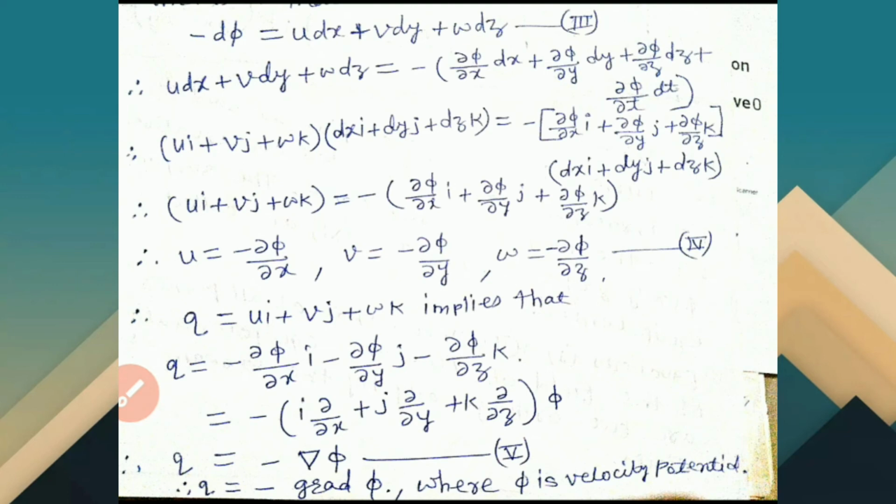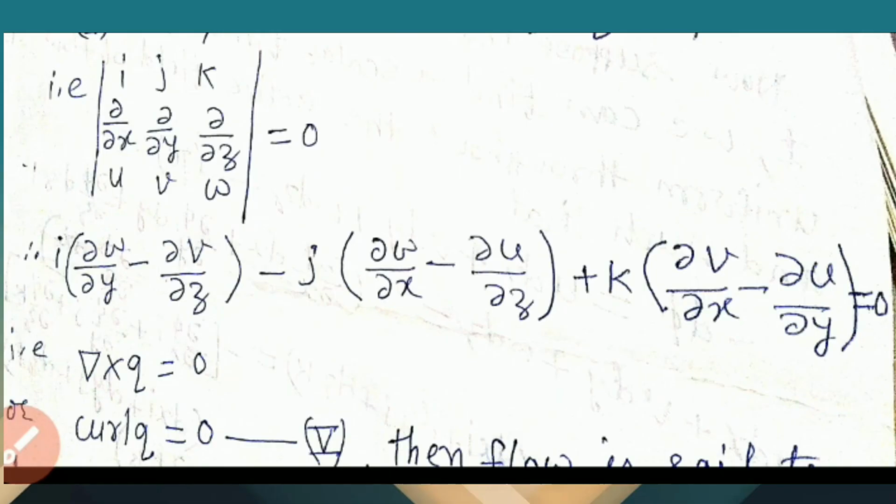So what do we get? We get q is equal to minus gradient phi.